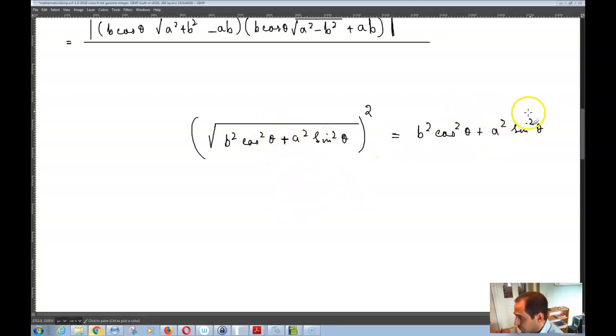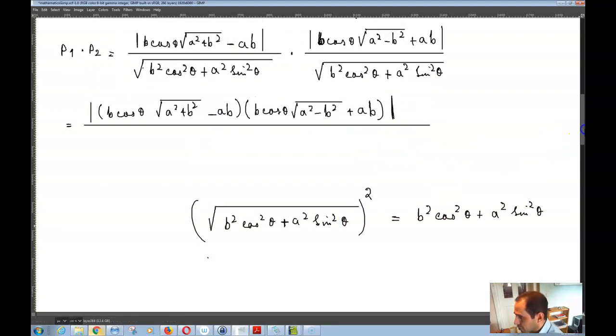This is basically important when it comes to applications of mathematics. For example, in physics, if you don't understand the square root function properly, then you can get into trouble. But for now, just to get to the end of this exercise, we are going to assume that when you have the square root of this expression and you raise it to the second power, then you can simply write down the argument of the square root function as it is: b squared cos squared theta plus a squared sine squared theta.